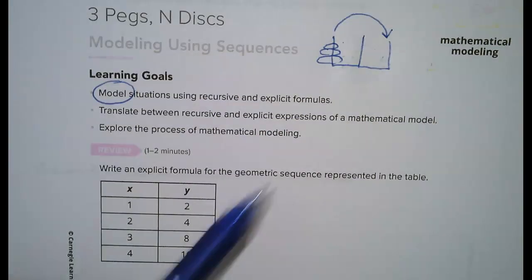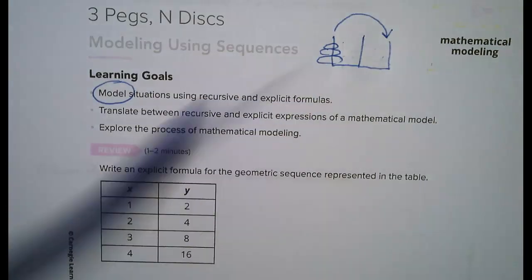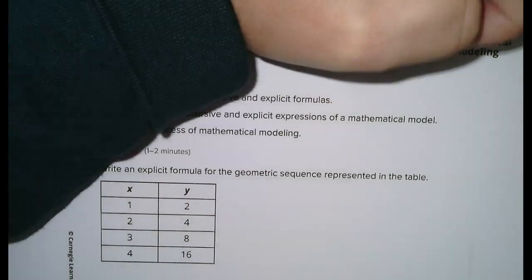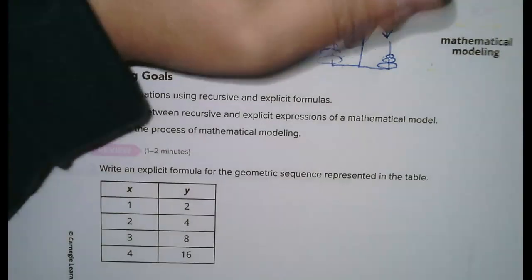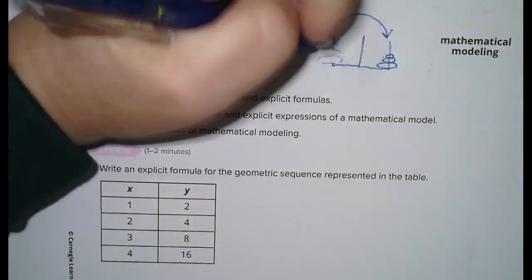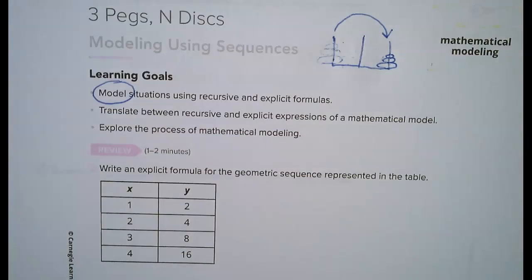So in the beginning, it looks like this, and in the end, it would look like this. So that's the game we're going to be using later to make a mathematical model of the situation.